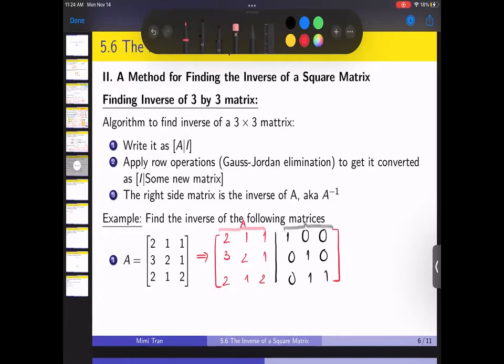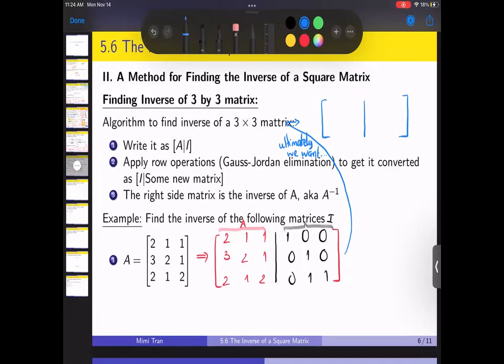That's matrix A, and this right here is the identity matrix. Don't write this down yet, but this is my goal. At the end, I want something like this: still the big long matrix, with a left matrix and a right matrix.